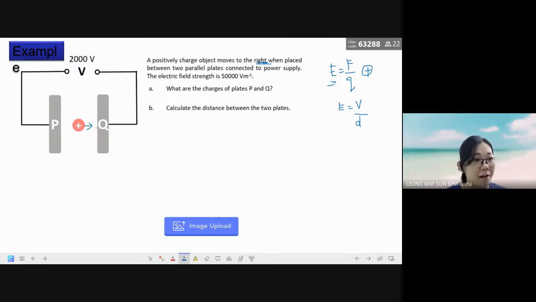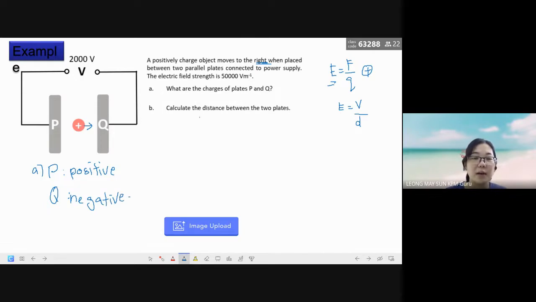Negative, negative repel. Positive attracts what? Negative. So this positive charge is moving towards the right. So is charged plate P positive or negative? Plate P would be positive. Plate Q would be negative. Good.